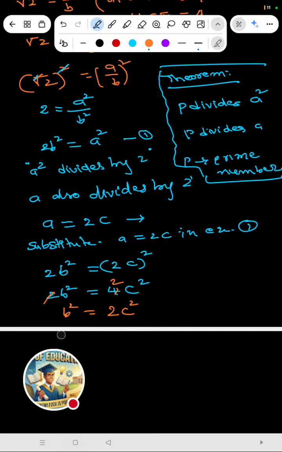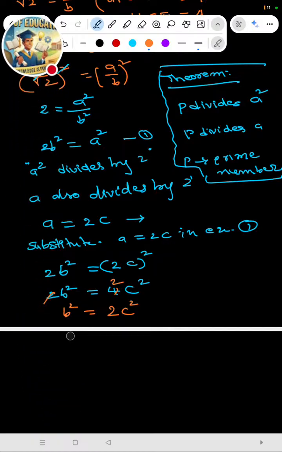Now, using the same theorem we can say that b square divides by 2.